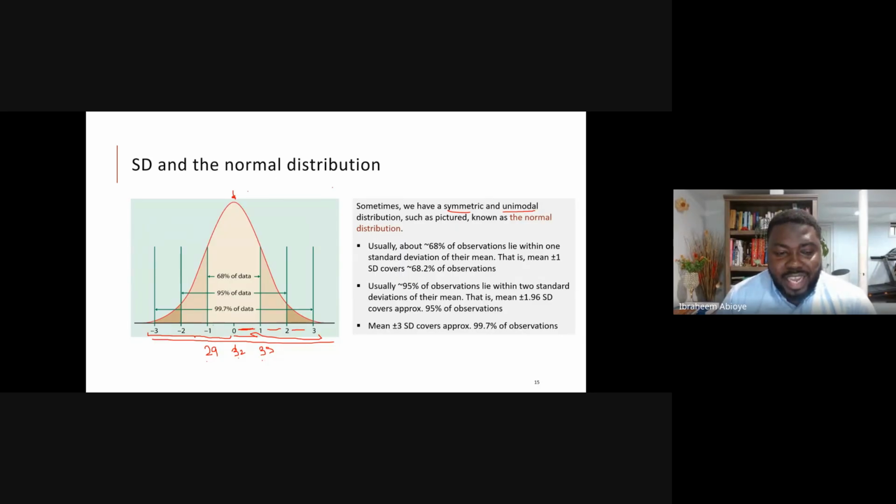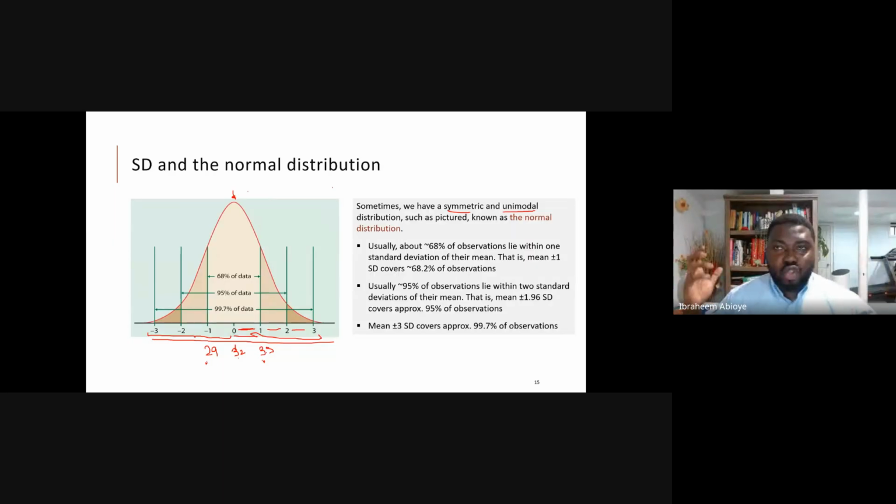What we're saying in essence is that the majority of the data, 68% of the data, lies between 29 and 35. That's really what we're saying. So that's why just by seeing the mean and the standard deviation, we have a mental sense of, oh, this is where the bulk of the data lies.